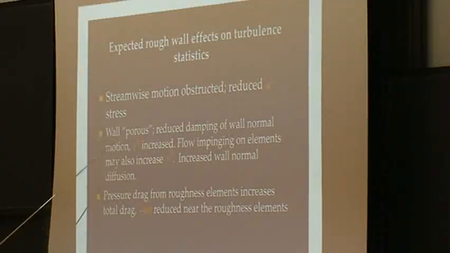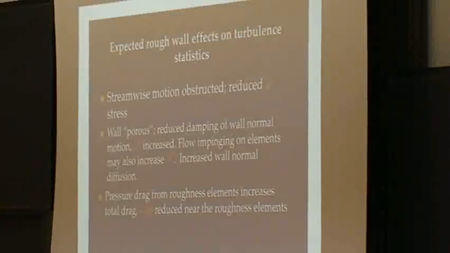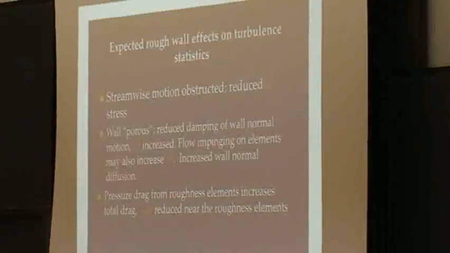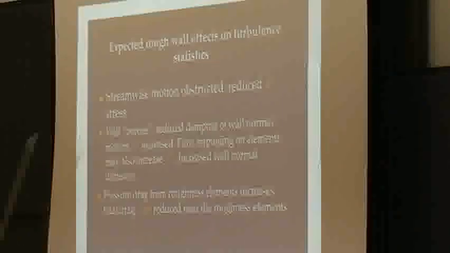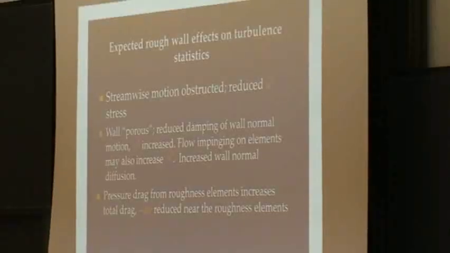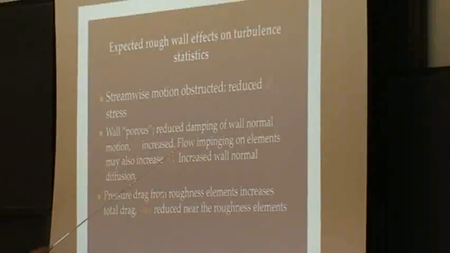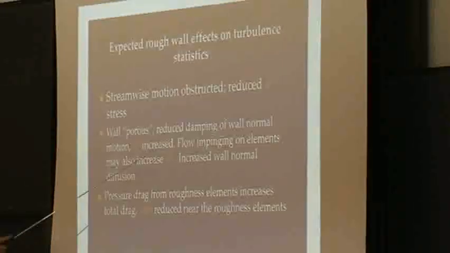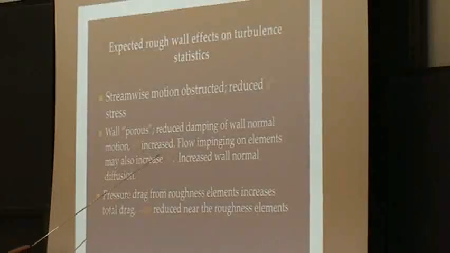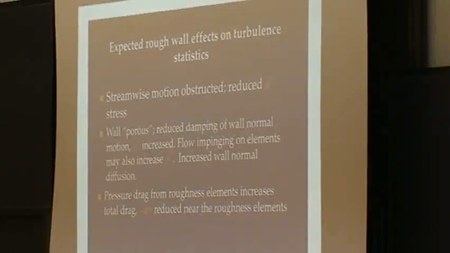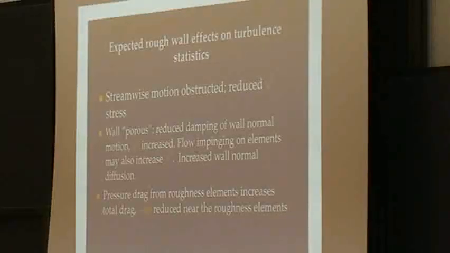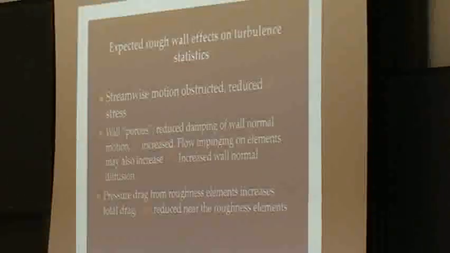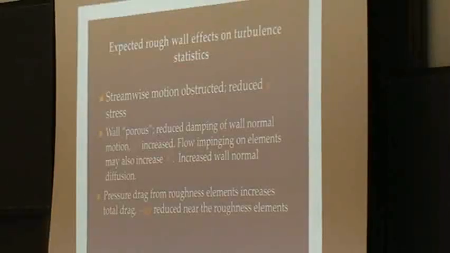And if that is the case, then you will expect the damping of the V squared to be less, and therefore the level of V squared should be higher near the wall. And at the same time, this impinging from the energy in the streamwise direction must be diverted partly into the vertical normal stress and the spanwise normal stress. So we would expect perhaps V squared and perhaps W squared to be increased as well.